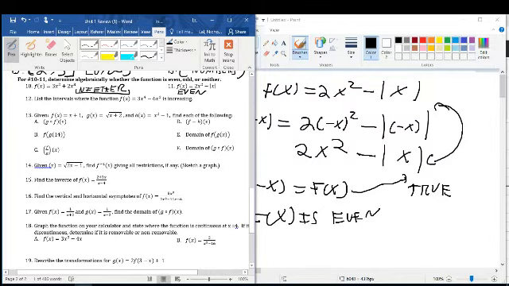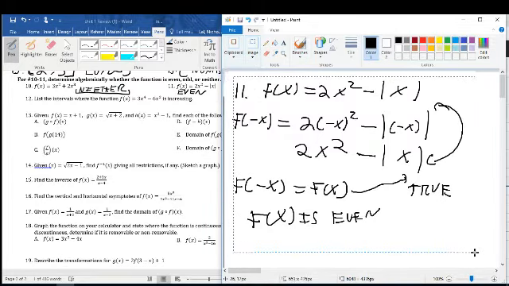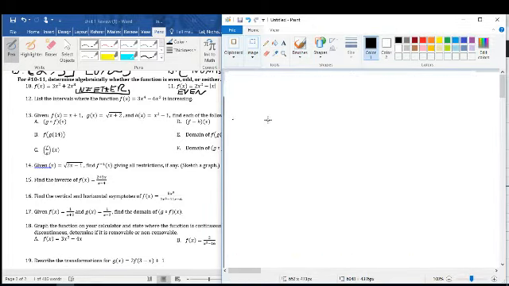All right. What are the intervals for which the function f of x equals 3x to the 4th power minus 6x squared is increasing, okay? This is one where we can use our calculator.